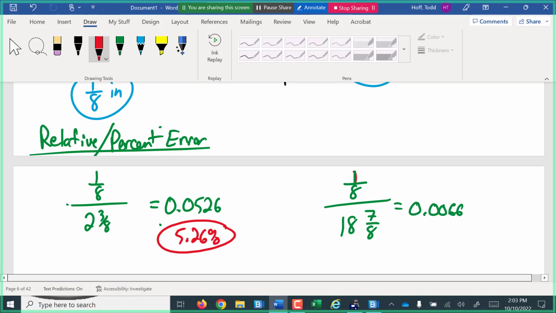Or as a percent, moving that decimal over, it's 0.66%. Well, that's less than 1% error. That's fine. So the absolute error of 1/8 of an inch in one case is too large and in the other case is okay because of the size of the object.